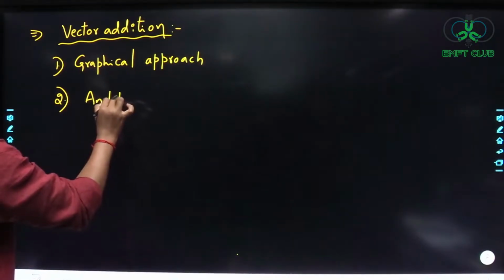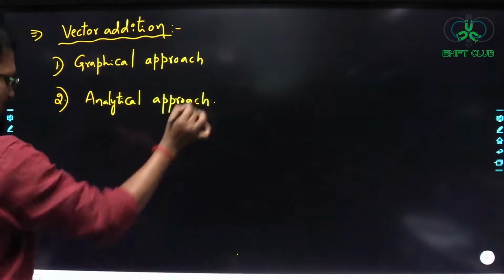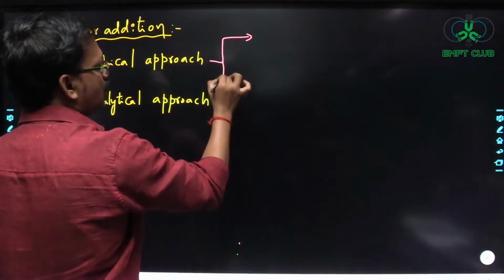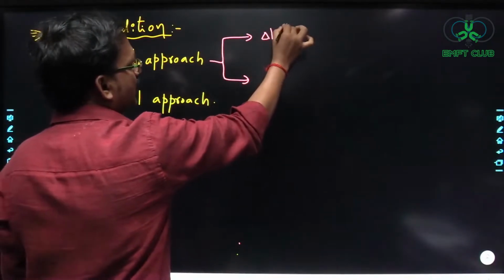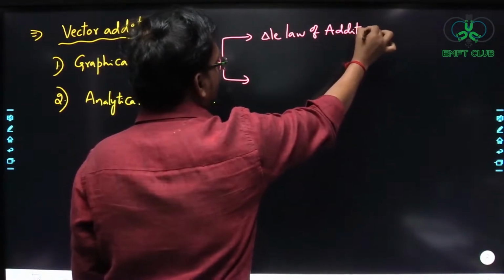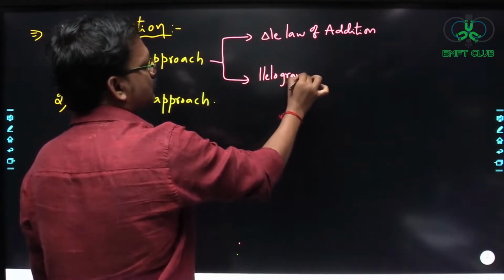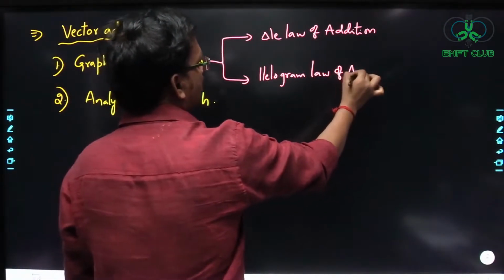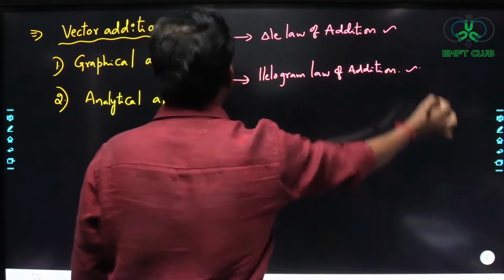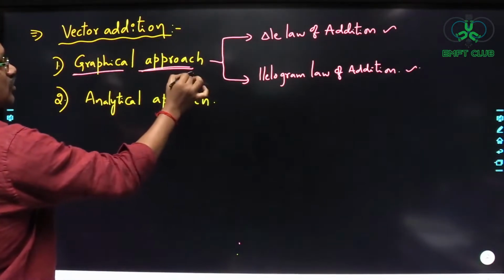In the graphical approach, I hope you have studied in high school the triangle law of addition and parallelogram law of addition. These are the vector additions that we are going to perform through a graph, that is, the graphical approach.